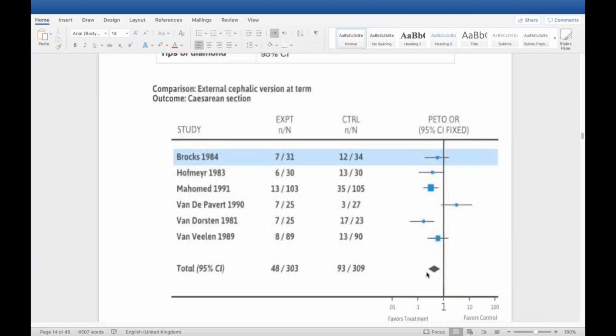And the width of this diamond is the 95% confidence interval of all the collective data statistically. So you don't have a horizontal line here. The width of the diamond represents the 95% confidence interval of the collection of this meta-analysis.